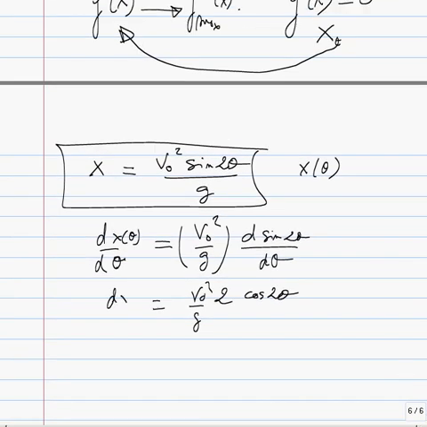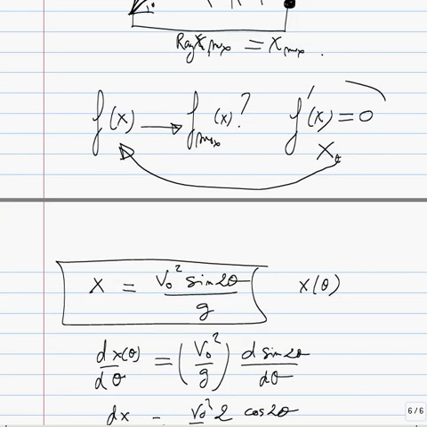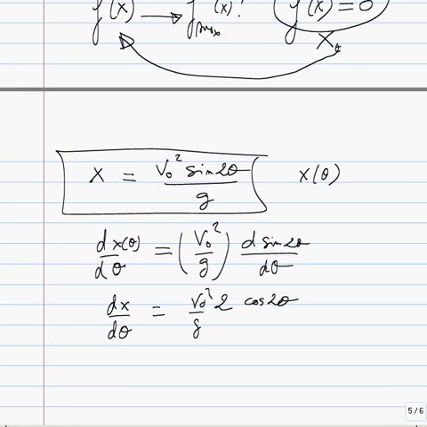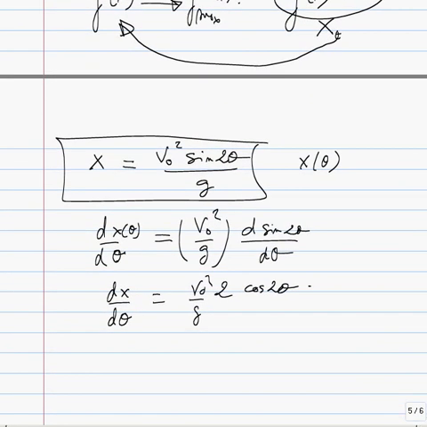Now I am going to set this function equal to 0 and solve for that specific value of theta. This is a constant, constant, constant, so I can multiply that whole equation by g divided by 2 v naught squared. All those guys are different from 0, therefore I can do that. Everything will go away and I'm left with cosine 2 theta is equal to 0.